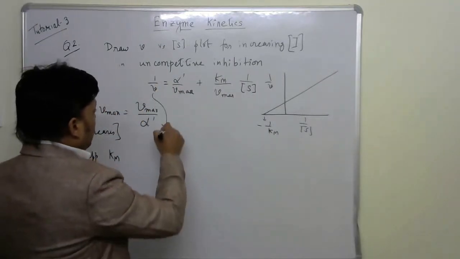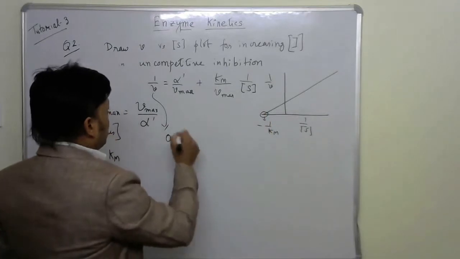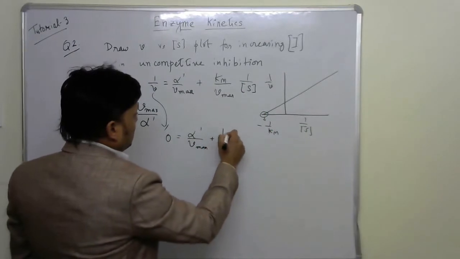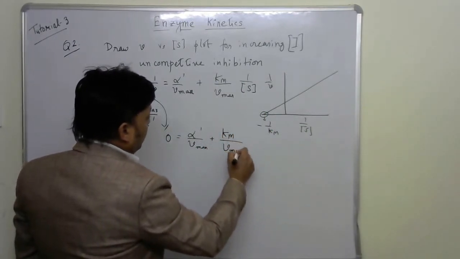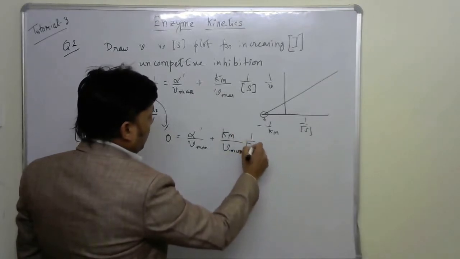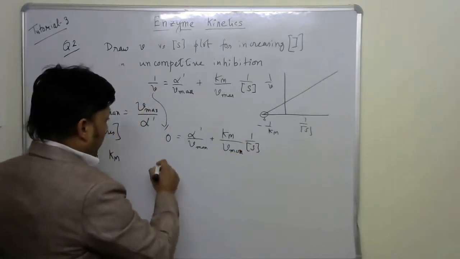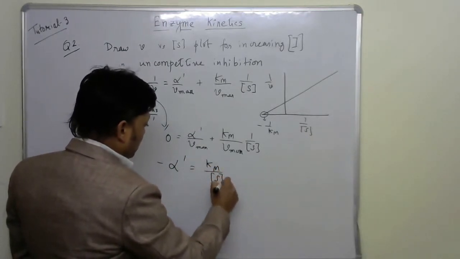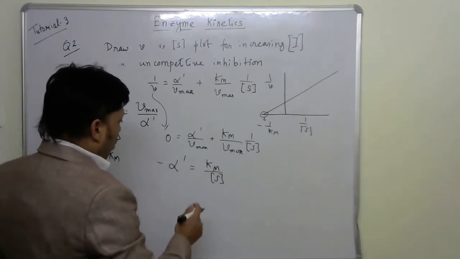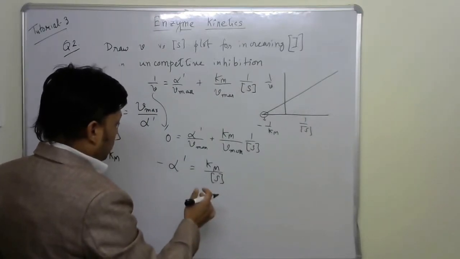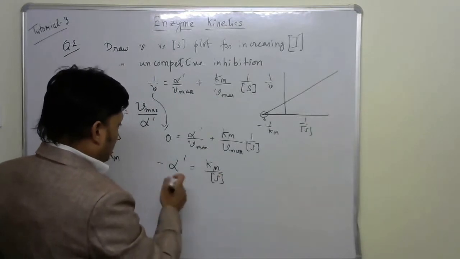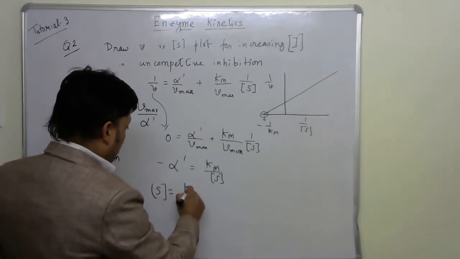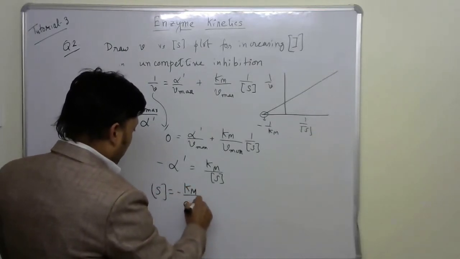So at this point we can write 0 is equal to alpha prime divided by Vmax plus Km divided by Vmax multiplied by 1 over S. Therefore, minus alpha prime is equal to Km divided by S. Or from here, the value of S is nothing but minus Km divided by alpha prime.